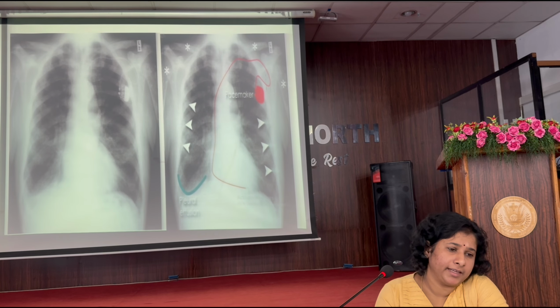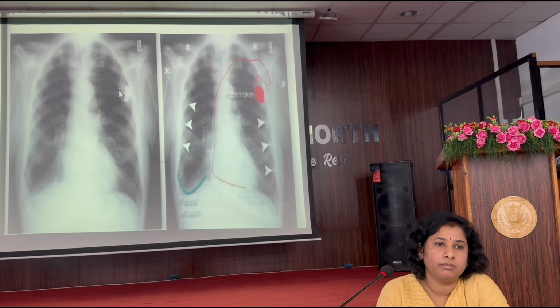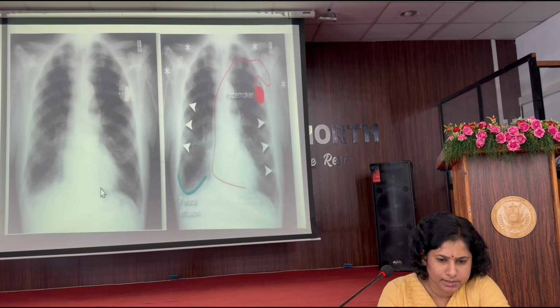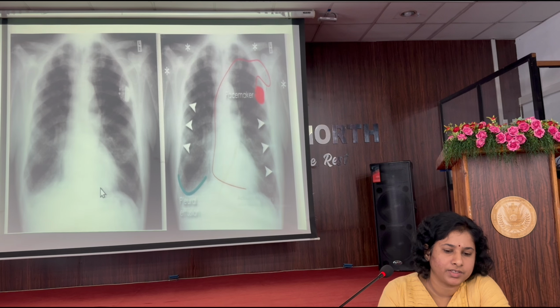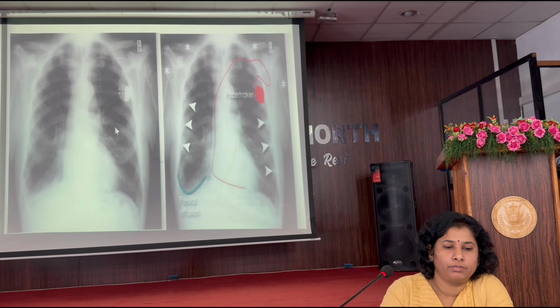And the pacemaker lines, pacemakers can be single chamber, double chamber, triple chamber. This is a single chamber, only one lead is there, and the tip is placed at the right ventricle. So it is an appropriately positioned pacemaker.